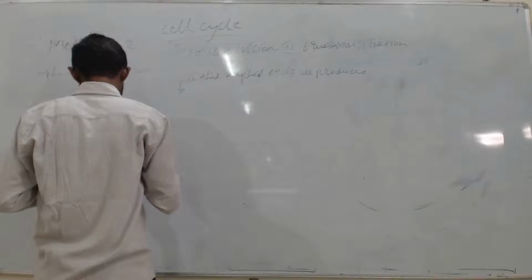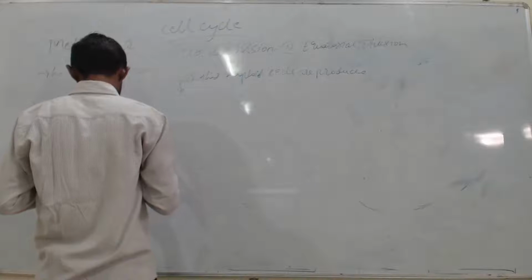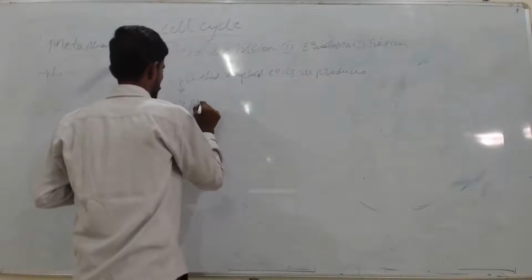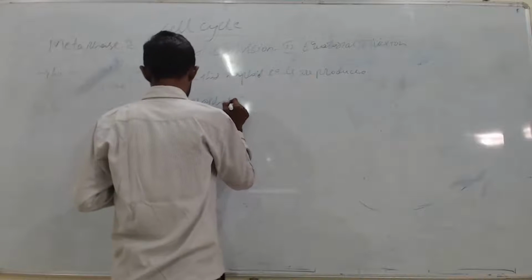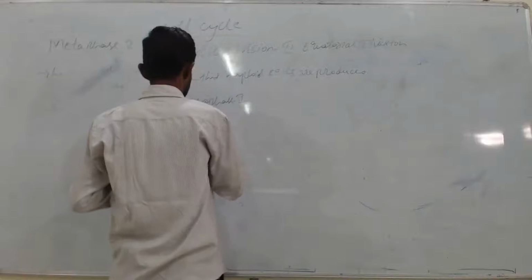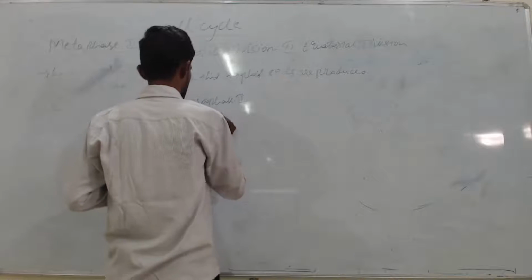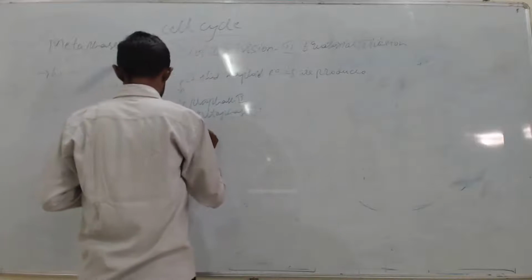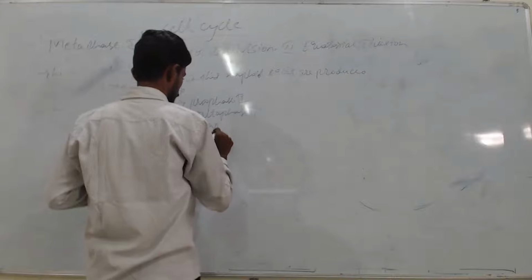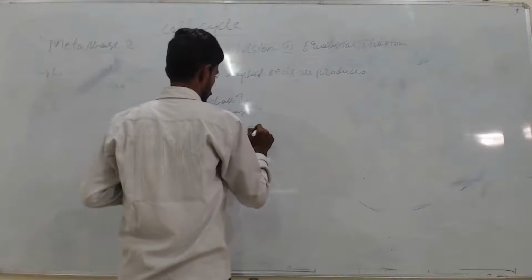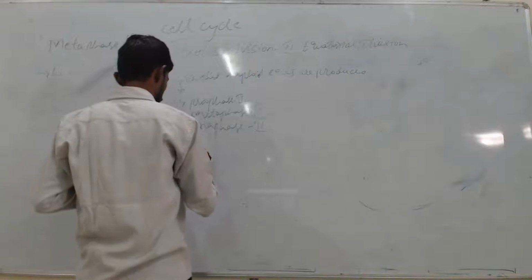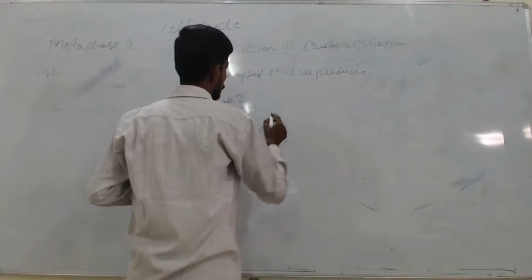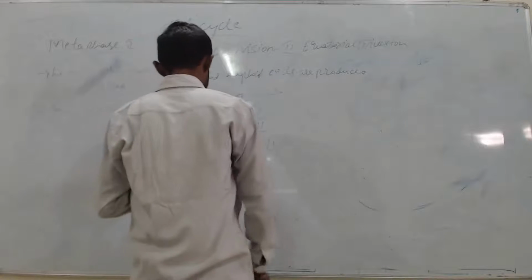There are the following phases, which we can see as prophase 2, metaphase 2, anaphase 2, telophase 2. Firstly, we can see them one by one.